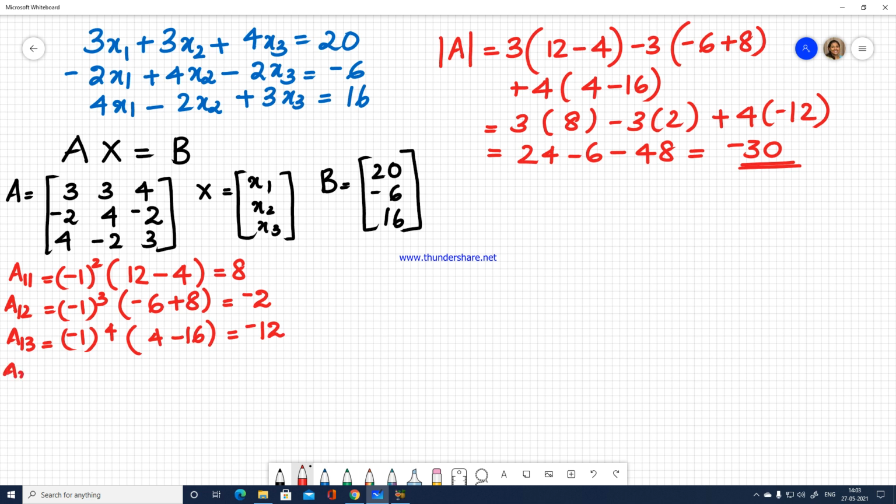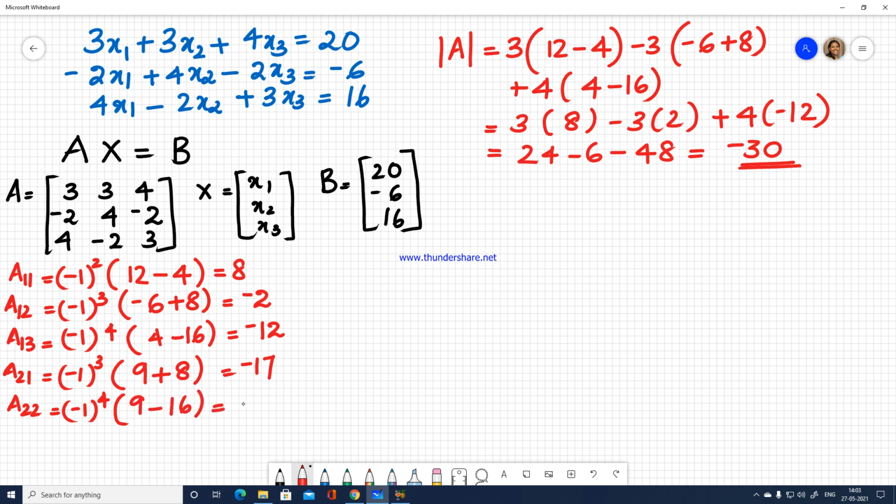Then A21 is equal to minus 1 raised to 3. Then you cover this particular element's row and column, so it will be minus of (9 minus of minus 8), that is plus 8. So we will get the answer minus 17. Now A22 is equal to minus 1 raised to 4. Then covering this element's row and column, it will be 9 minus 16.